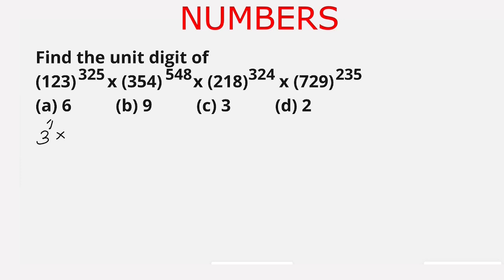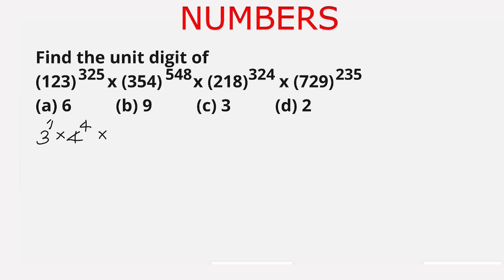Multiplied by 354, which has the ones place digit 4, and we divide the power by 4. So 548 when divided by 4, we will divide the last two digits, which are 48, and 48 is divisible by 4. 12 times 4 is 48, but we will write the power not 0, but we will write it as 4.